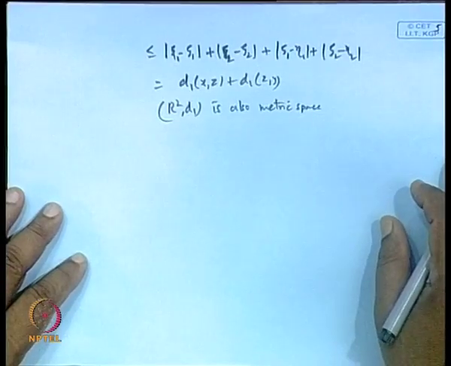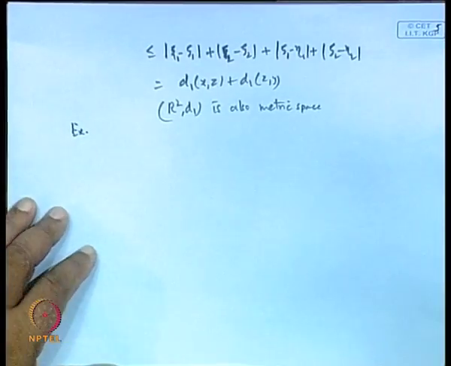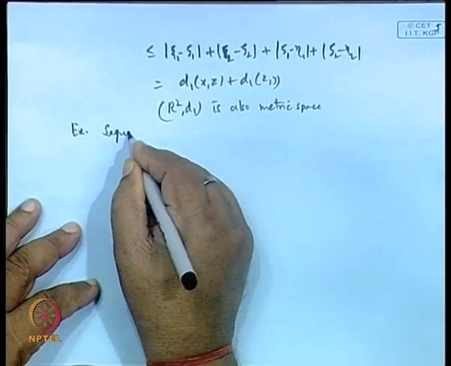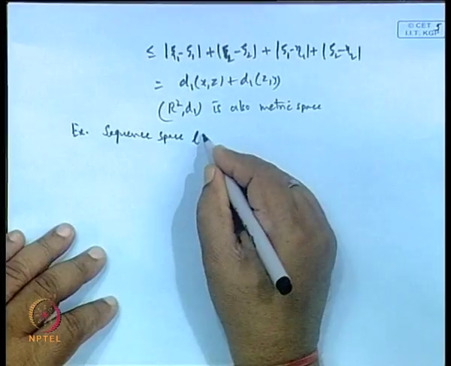X may contain points which may be functions, sequences and something else also. So, the corresponding example of a metric space, which is a very important and useful example, is the sequence space L infinity.